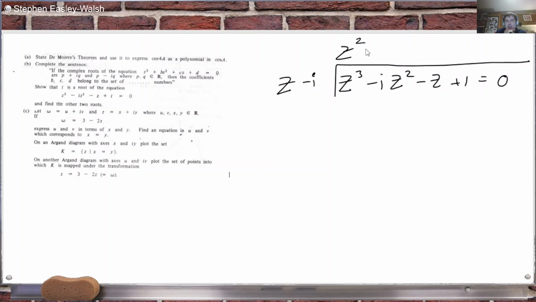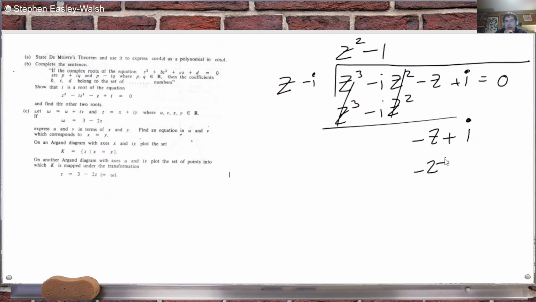So that's z squared. That becomes z cubed minus i z squared. They cancel. That becomes minus z plus i. Yeah, okay.